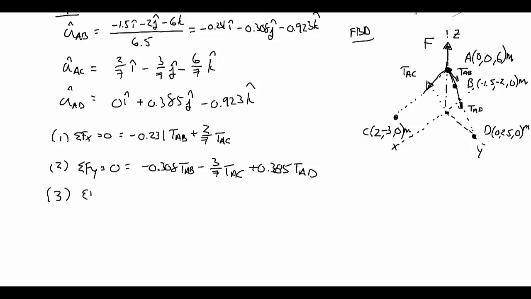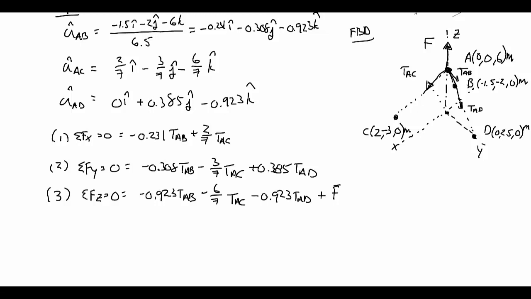So I can move on to my last equilibrium equation, Z. So I'm going to have here, so I don't forget about it, I have F. All of F is in the positive Z direction, so I'll include that. I have negative 0.923 TAB, minus 6/7 TAC, and minus 0.923 TAD, again, plus the F.